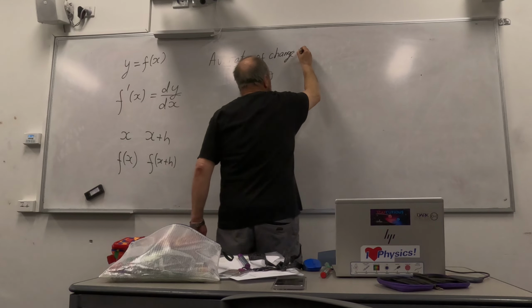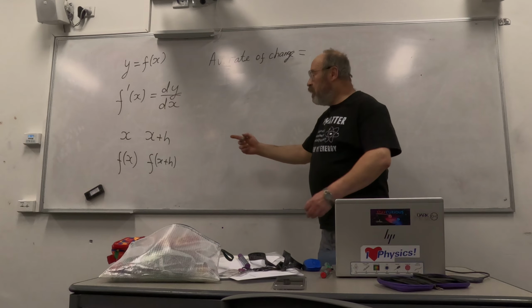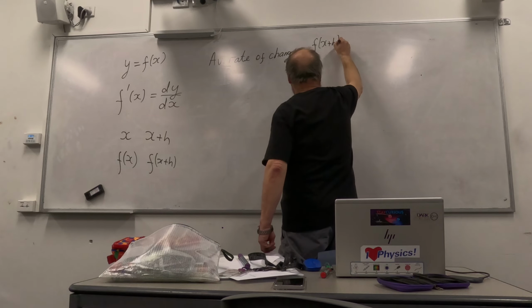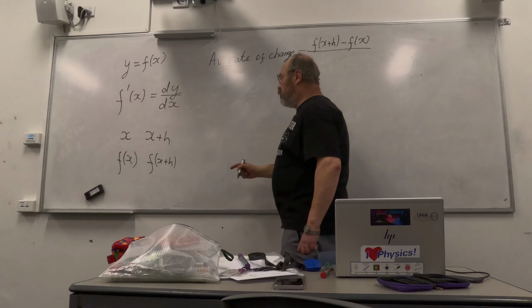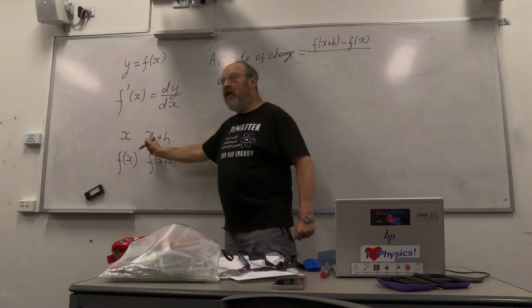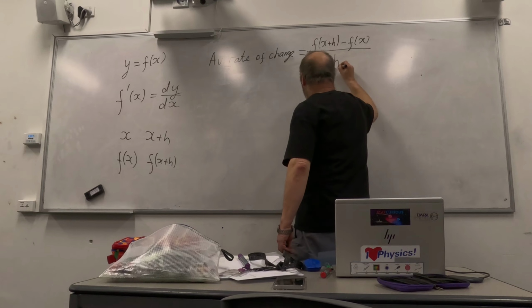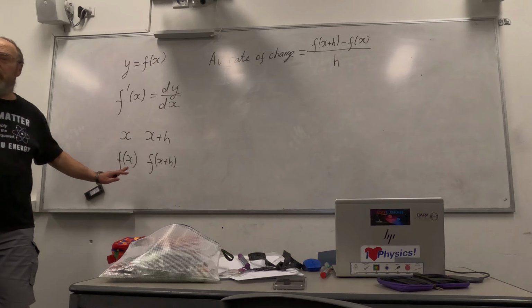How do we find the average rate of change? y2 minus y1, so we have f of x plus h minus f of x, divided by the interval. What's the interval? X plus h minus x, which is h. So that will be the average rate of change between these 2 points.